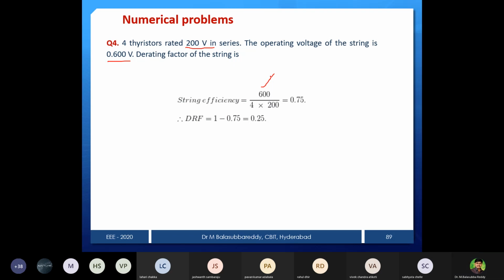We can mention 600 volts for the whole string divided by the number of SCRs mentioned in the problem, 4 thyristors, each with an SCR rating of 200. Then what is your string efficiency? Once you know the string efficiency, the derating factor is equal to 1 minus the string efficiency.